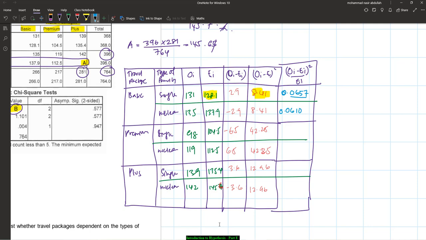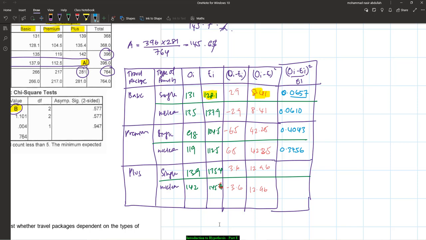Right? And then 42.25 divided by 104.5. It should be 0.4043. And this is 42.25 divided by 112.5. Should be 0.3756. And 12.96 divided by 135.4.